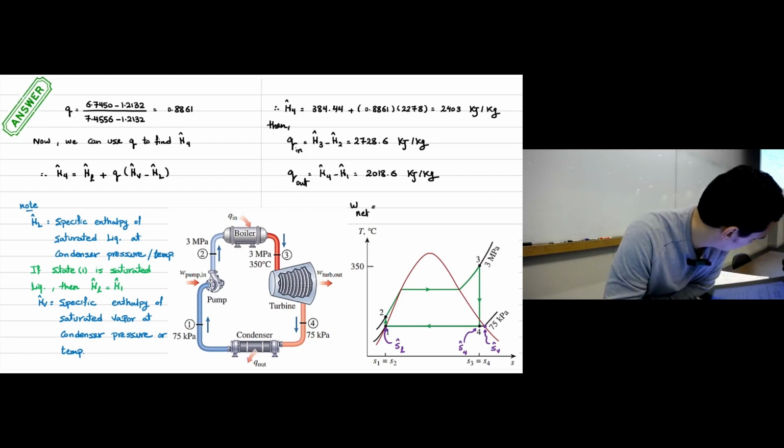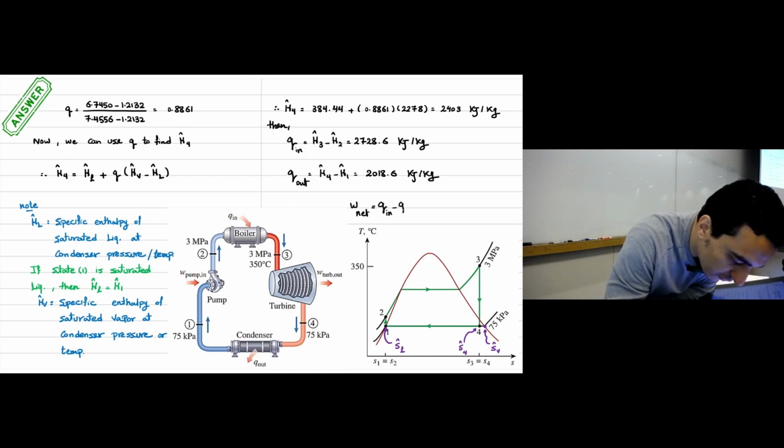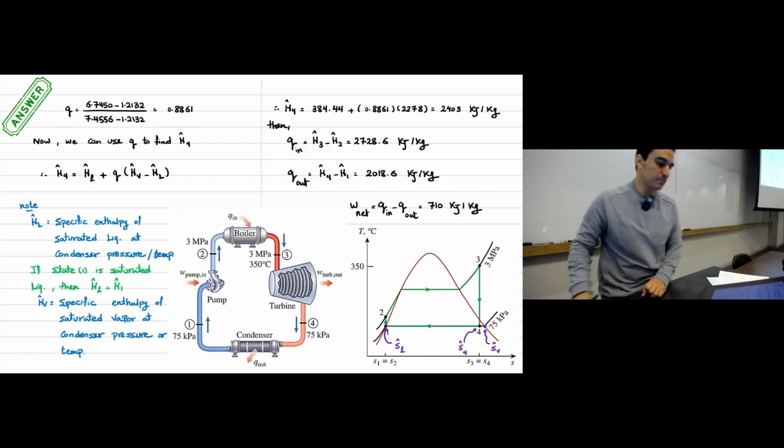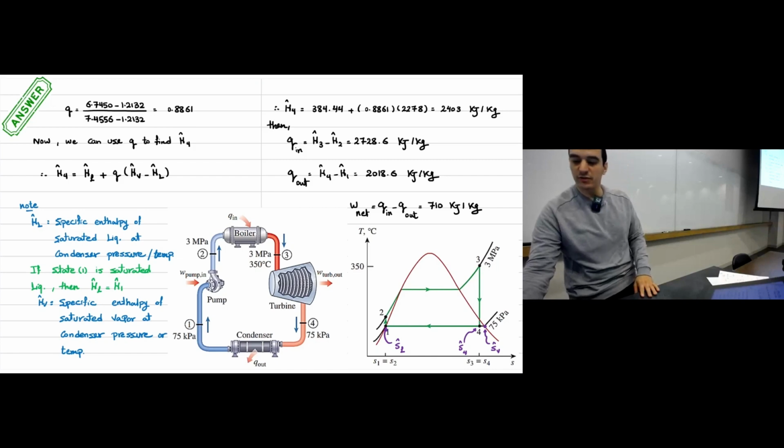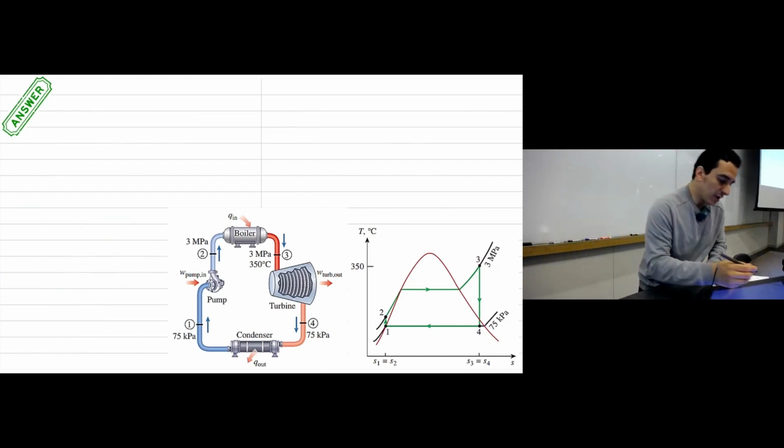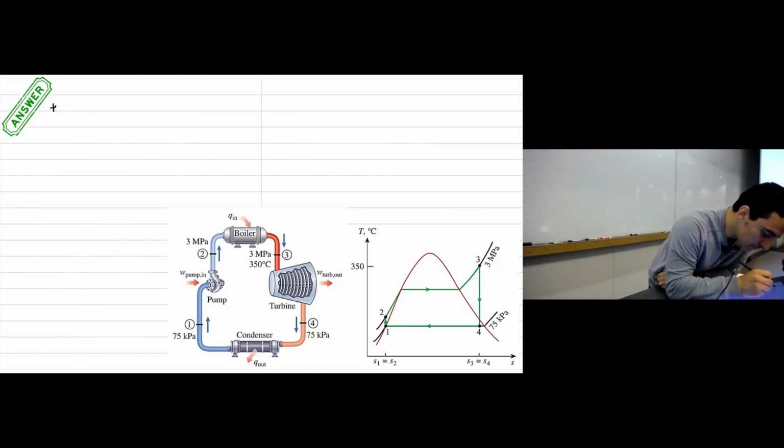Even you can find the network, W net. So the network, this is Q in minus Q out. So if this is required, also you can find this one. And this will be 710 kilojoule per kilogram. So you have all these values. Then you can find thermal efficiency.